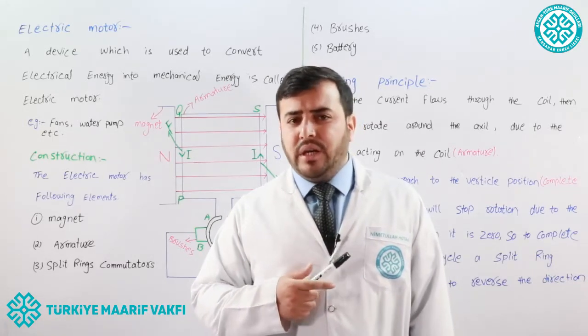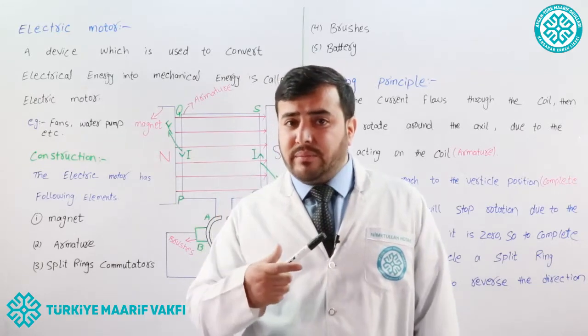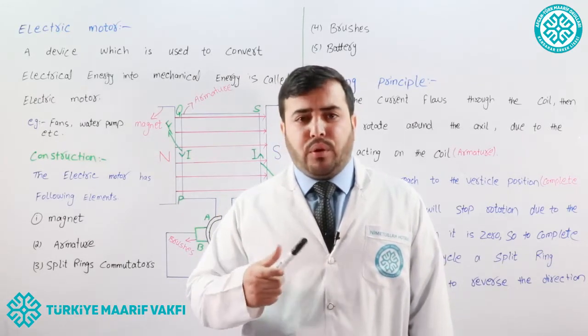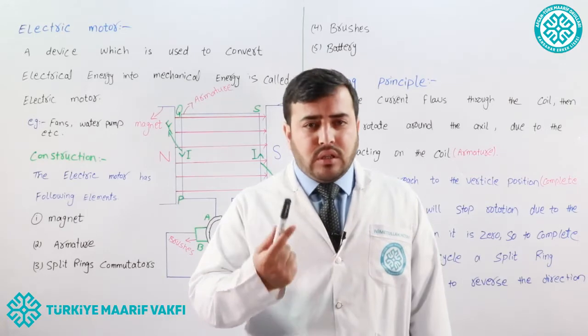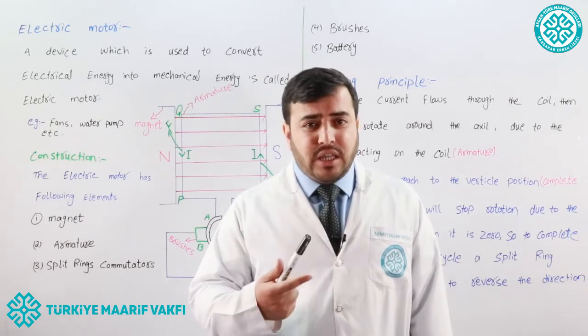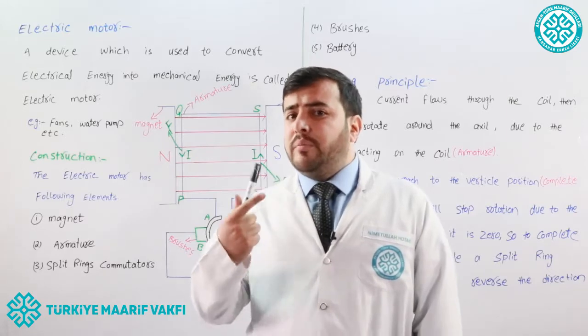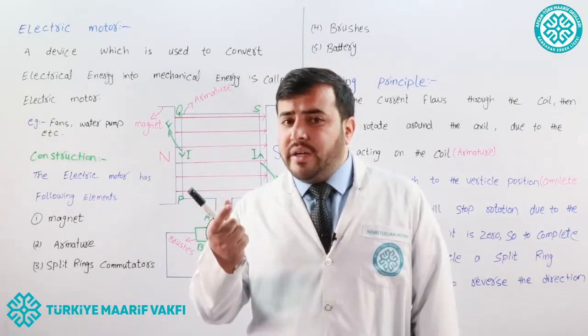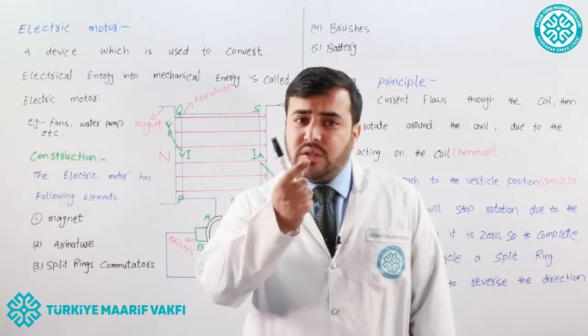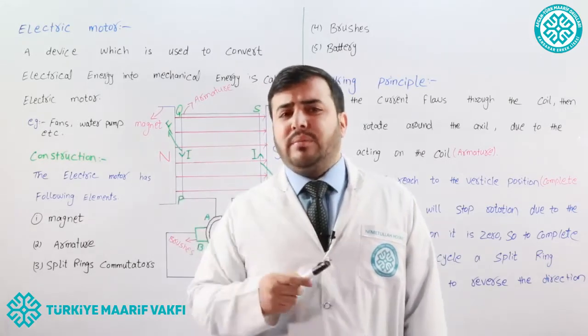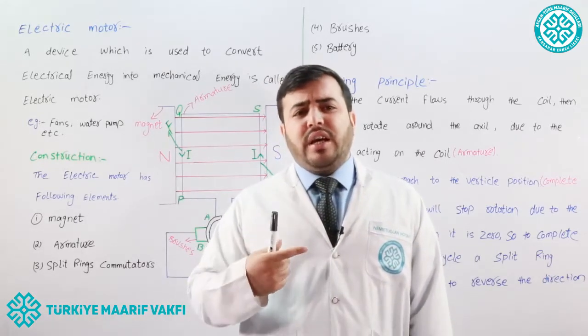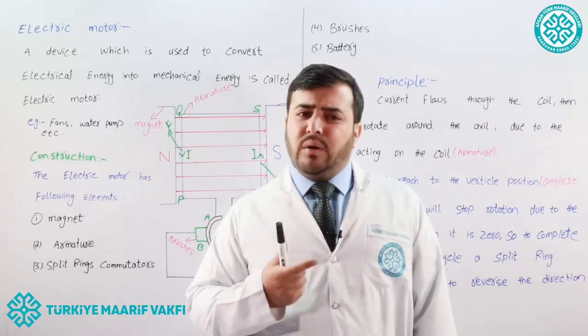In the same way, another example is the water pump. We provide electrical energy to the pump and it converts it into mechanical energy by transporting water from one place to another. So there are many examples of electric motors in our daily life.